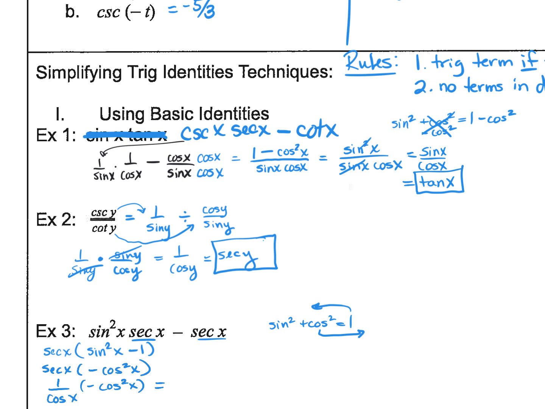I've got cosines in the bottom and cosines in the top. Cross them out. I can cross this out with one of those, can't I? So what's my final answer? 1 times negative cosine of x is just negative cosine of x, isn't it?